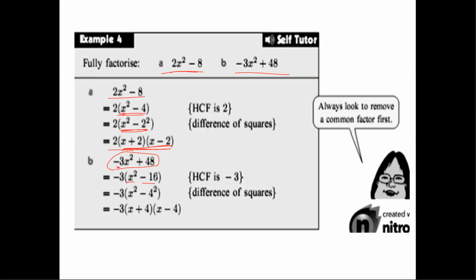So minus 16 can be written as minus 4 squared, right? So we now have a difference of squares inside there. We further factorize it and we get that. See? So that's taking it a little further. I'm not going to go more in depth with difference of squares. It goes much further than that.